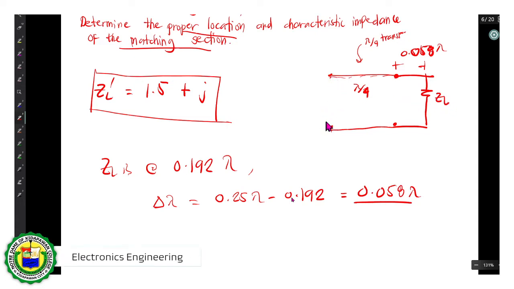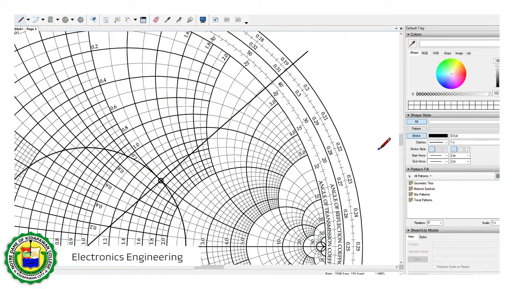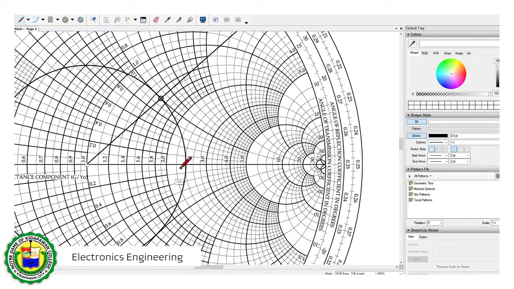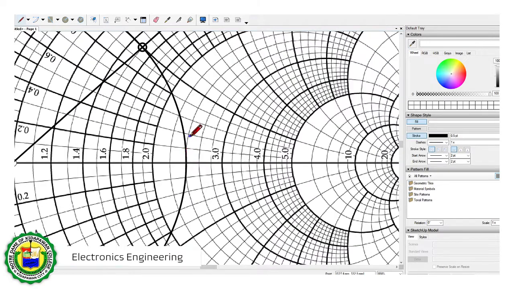So the next thing to solve here is the value of the characteristic impedance that we need to use in order to balance this circuit for our ZL and our transmission line. Let's remember that the characteristic impedance for the line is 50. Right here, let's read the value of our SWR, or the voltage standing wave ratio.